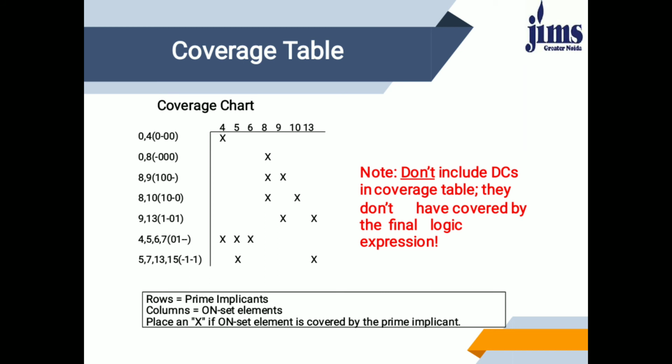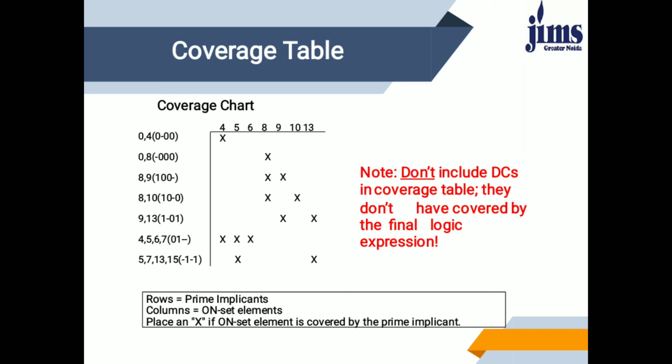Now the second step needs to be followed, which is to make a cover table, a coverage table. So we will first write horizontally all the prime implicants. That means a total of 4, 5, 6, 8, 9, 10, 13 implicants were there.